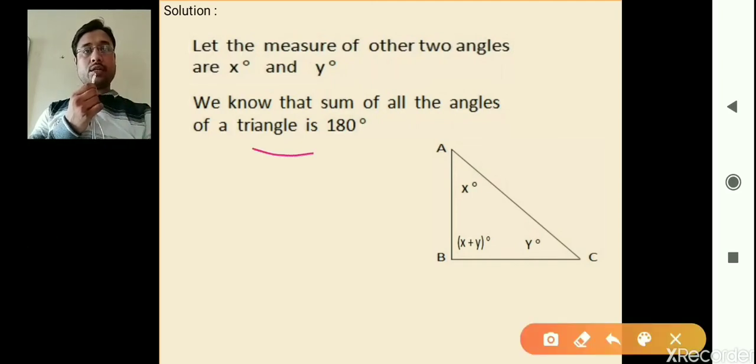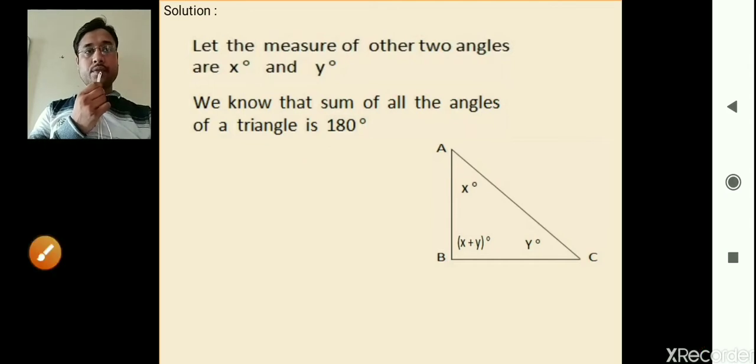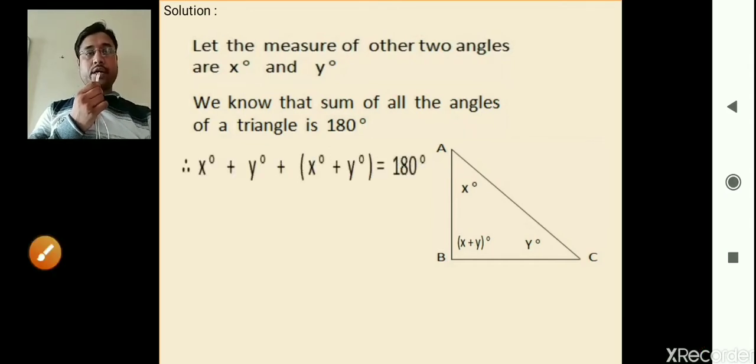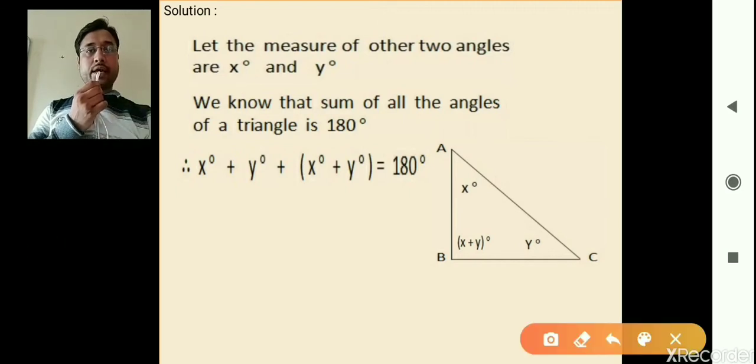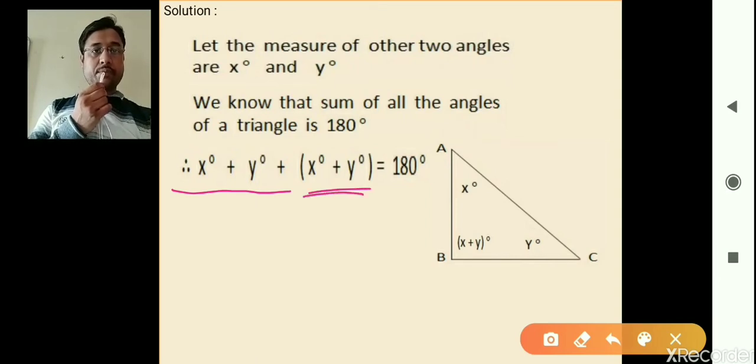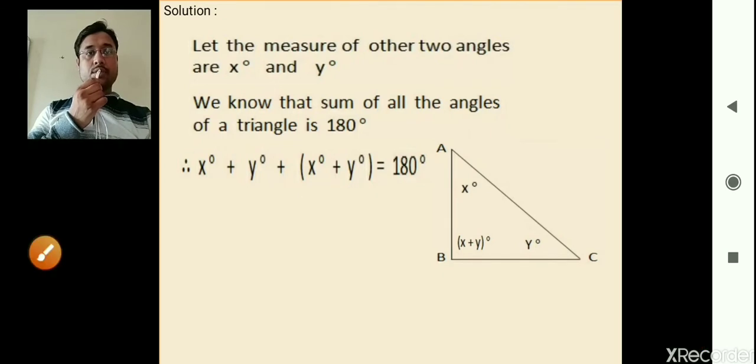This is called the angle sum property of a triangle. Then we can write the sum of all the angles: x degree plus y degree plus (x plus y) degree in bracket. This x plus y in bracket is angle B, the first x is angle A and this y is angle C.